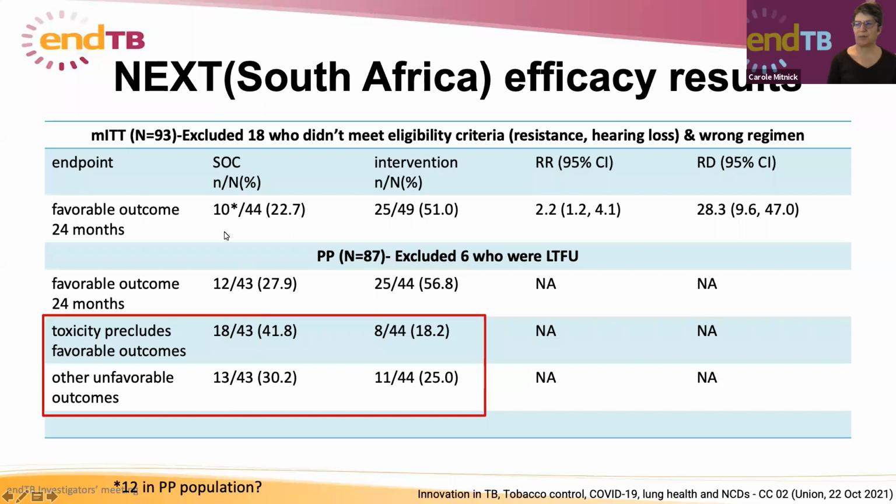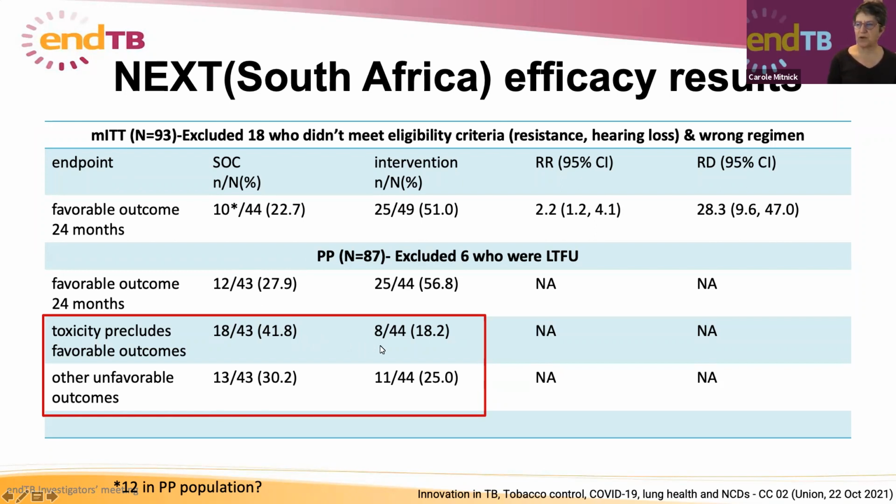I did have a bit of a question, because I wouldn't expect there to be more favorable outcomes in the per protocol than in the MITT population. Normally, the per protocol is a subset of the MITT, and the same definitions for favorable outcomes are used, but the message is still roughly the same between the two analyses.